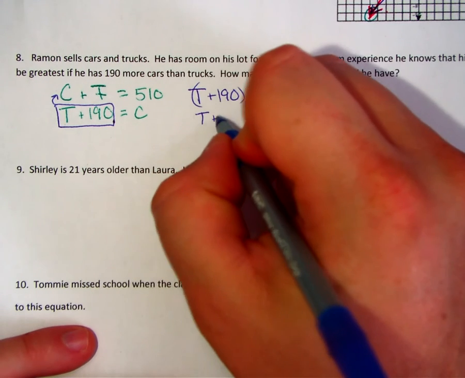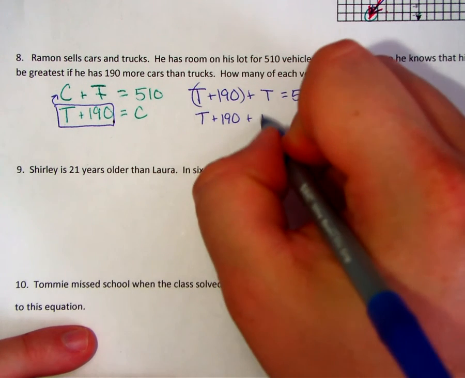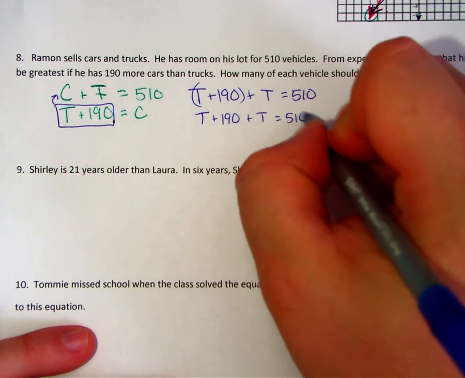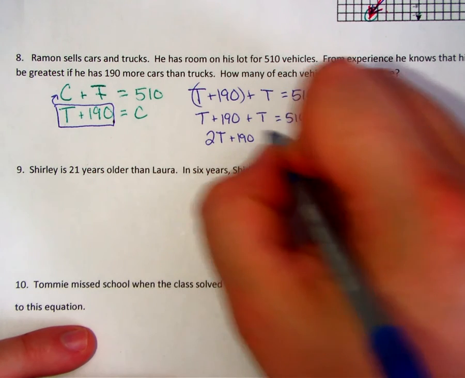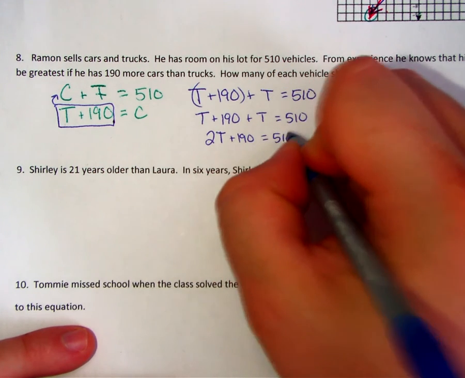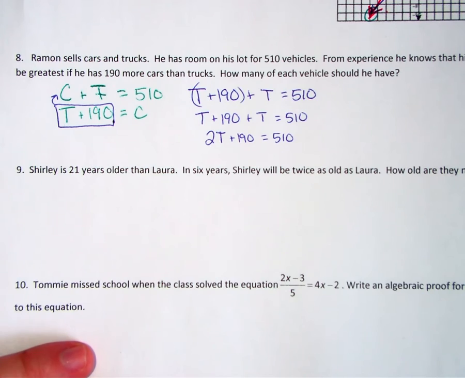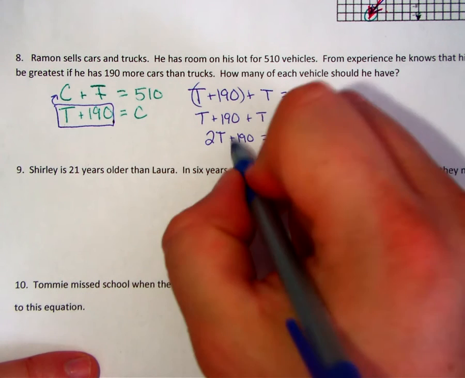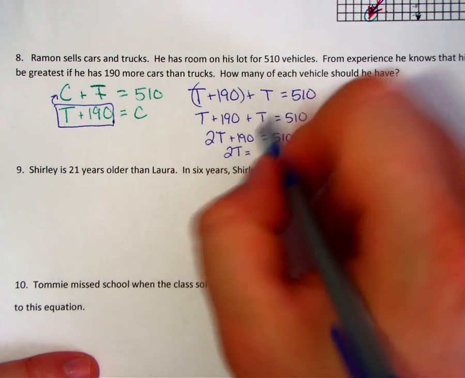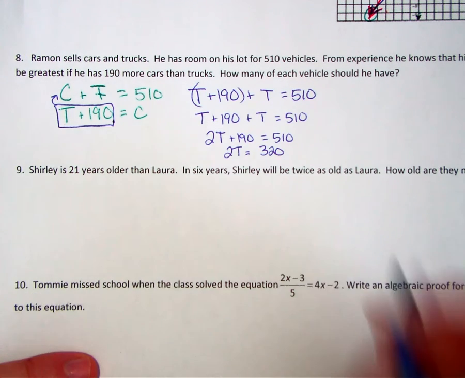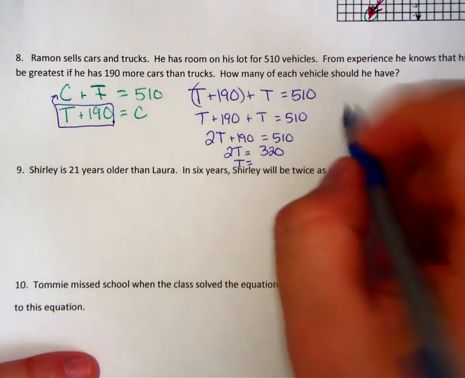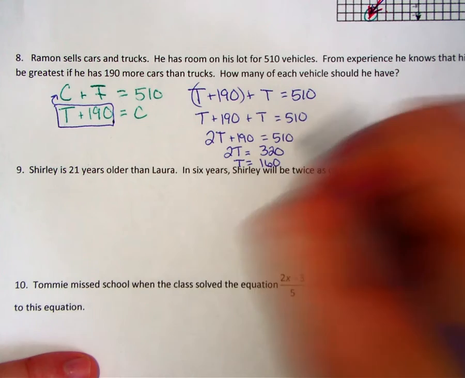Combine like terms: 2t plus 190 is equal to 510. And now's where we're going to start solving the equation. 510 minus 190. 2t is equal to 320. Where we divide by 2 and we determine that t is equal to 160.